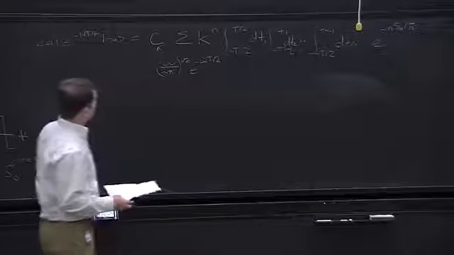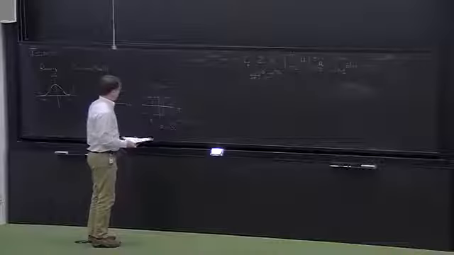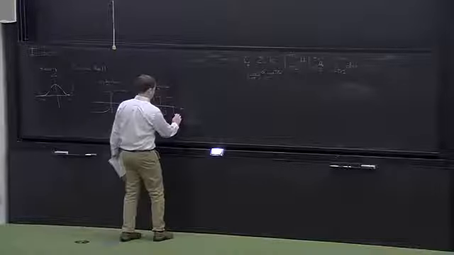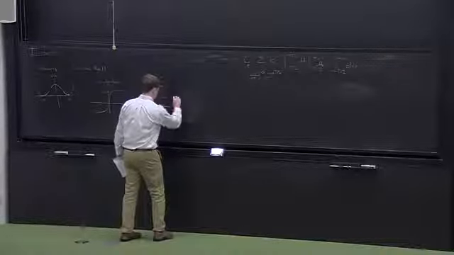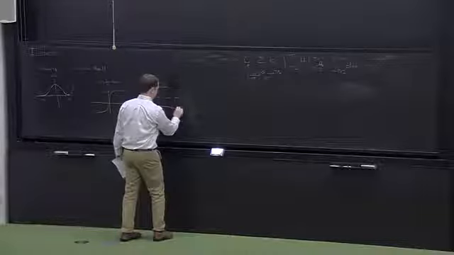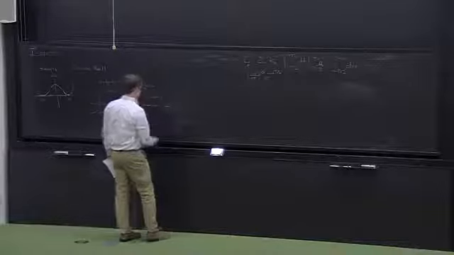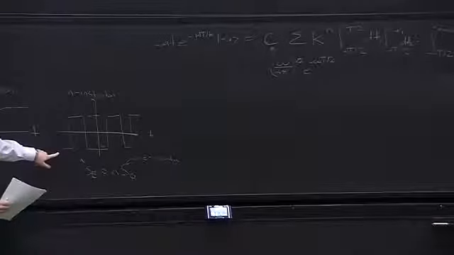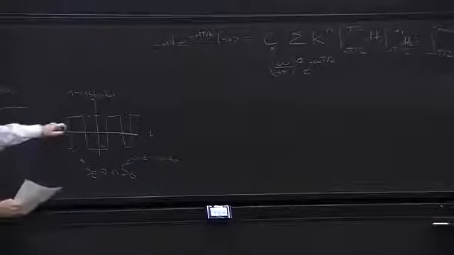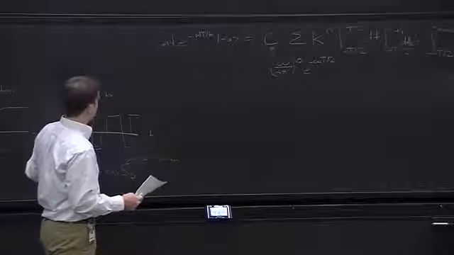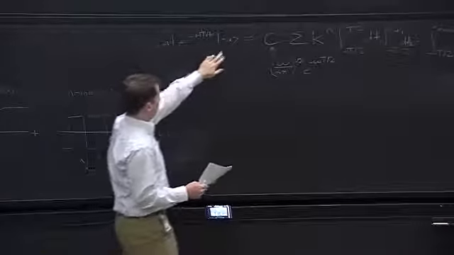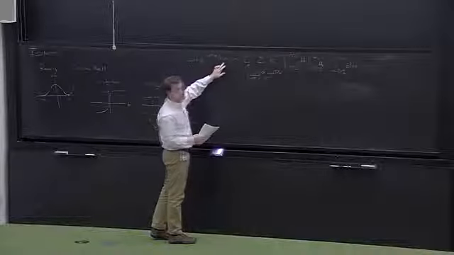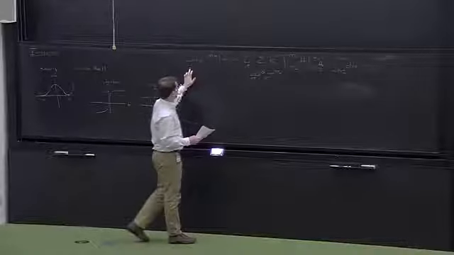Finally, we have to end up at a. So we have to have one more instanton than anti-instanton if we're interested in this transition.